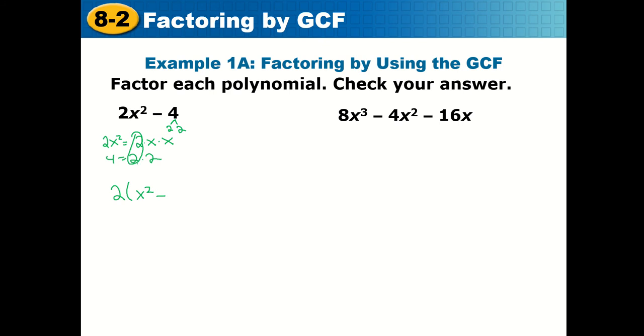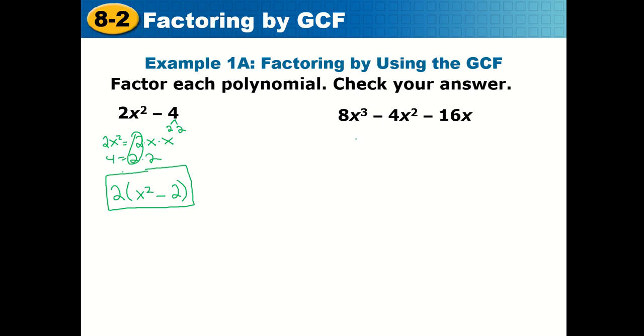And then if I took a 2 out of 4, my answer is 2 times x squared minus 2. When you take out your greatest common factor and bring it down in front, then whatever is left gets put in the parentheses, and you keep the sign here.